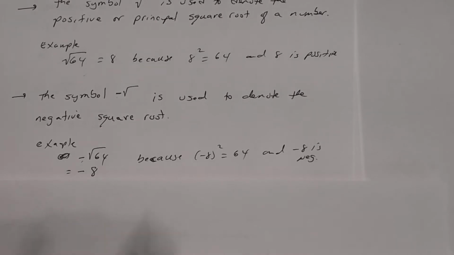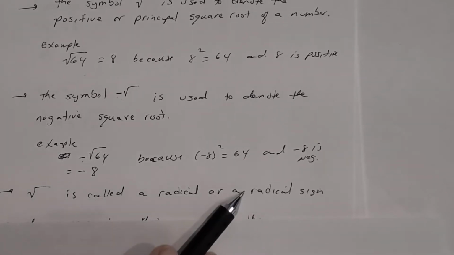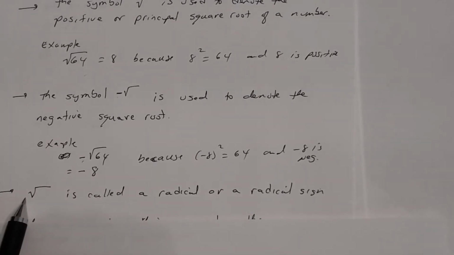All right? Okay, now, let's look at this. Okay, so some more terminologies. All right, so whenever you see this symbol, that's called a radical or radical sign. Now, in the next lesson, see, this is square root. In the next lesson, you will see cube root, fourth root, fifth root, and so on. Okay, other types of roots. But again, in this lesson, we're only focusing on square root.